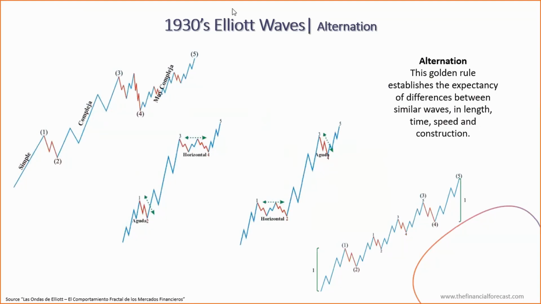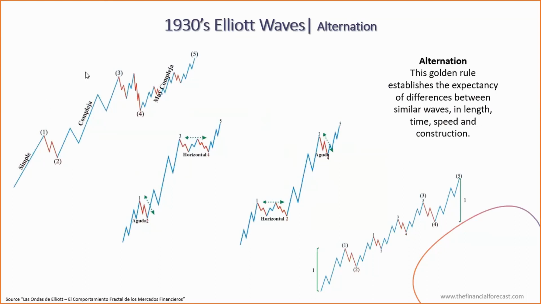So that means if we have a first motive wave that is simple, then we have more chances to see the next motive wave, in this case wave 3, with a complex setup instead of simple. That doesn't mean that simple is not going to happen, it's just most likely not going to happen, because we will reflect our emotions in a different way. And the same for the last wave.